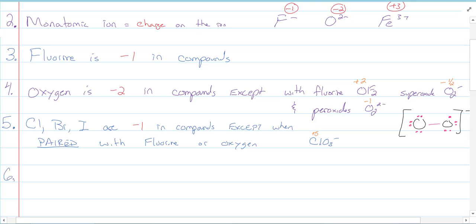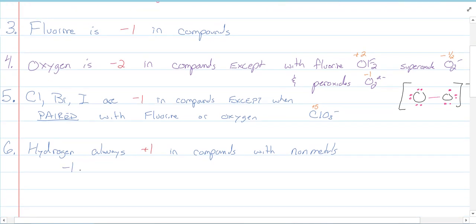So number 6, hydrogen is always +1 in compounds with non-metals.